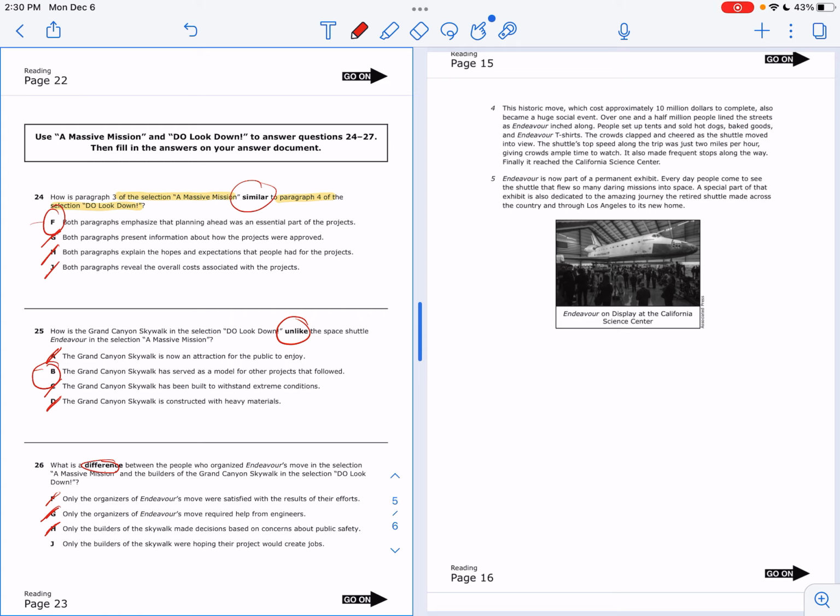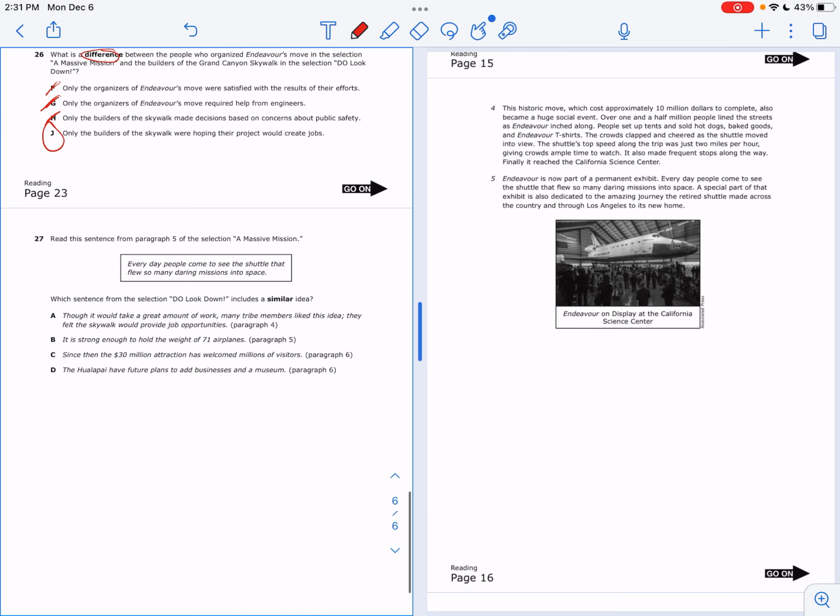So by default, J is the best answer, and it's also the correct one. Only the builders of the Skywalk were hoping their project would create jobs. And that was only mentioned in the Do Look Down passage because only that one talked about how it created so many jobs for other people. So that would be the best possible answer.